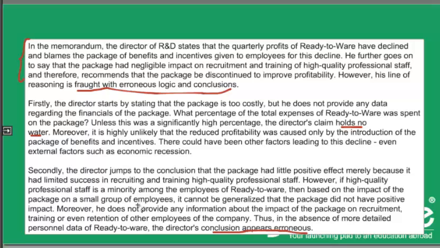Now what I wanted to show you here is the reason I wanted you to read this essay. Do you see that these are called rhetorical questions? You are not expecting an answer. Instead of saying that the director does not say blah blah blah, you can pose it in the form of a question. Have a few rhetorical questions, that helps.